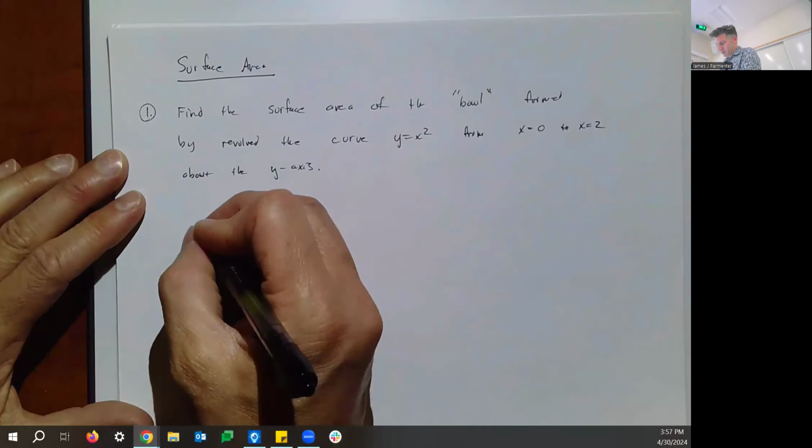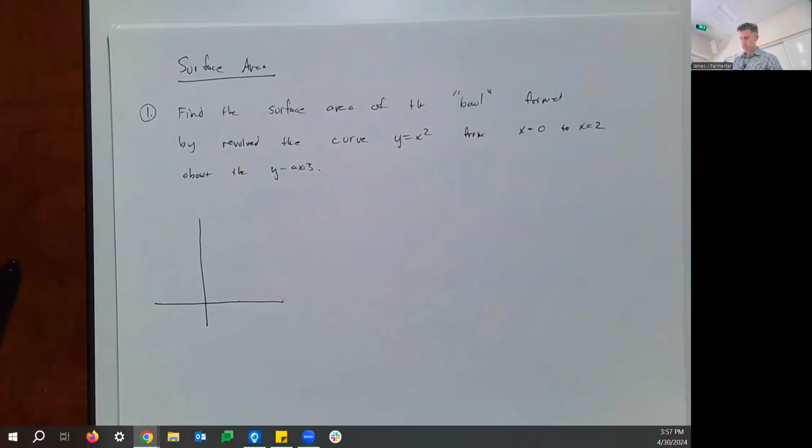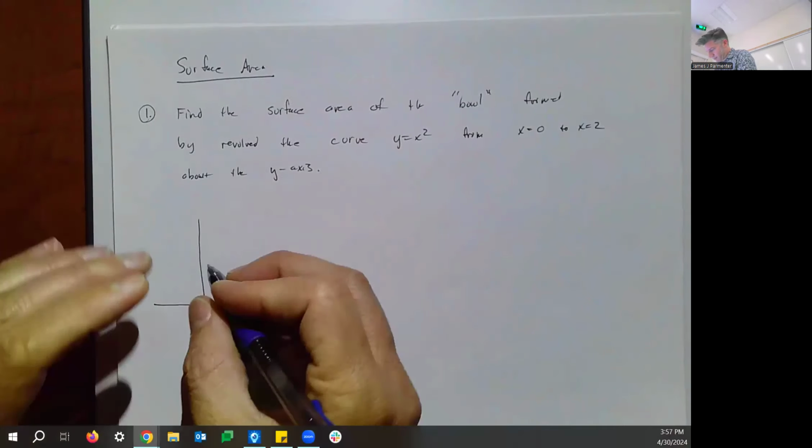So we've got the parabola y equals x squared, looking like it usually does.